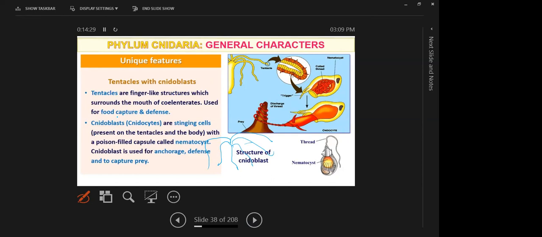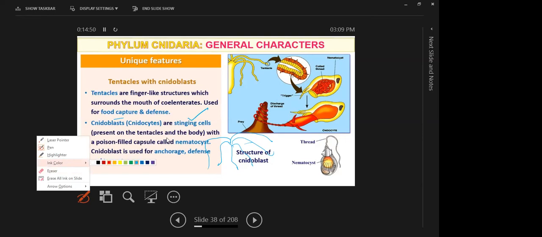Capturing food is easy with them. Why do you call them defensive structures? Because they have nidoblasts, also called nidocytes. They are the stinging cells. They sting and make the other organism numb. They have certain toxic substances that they inject into the body of the other organism.